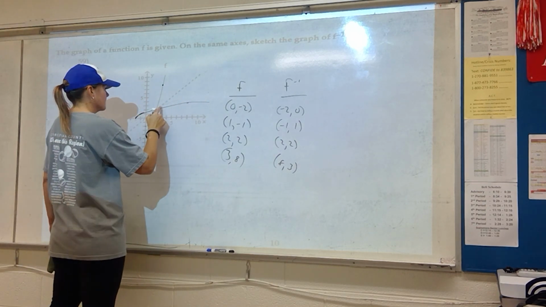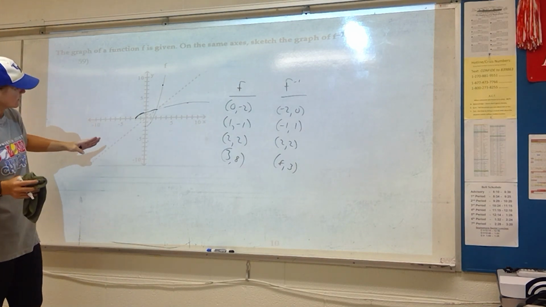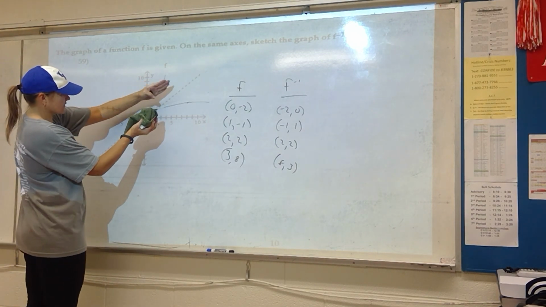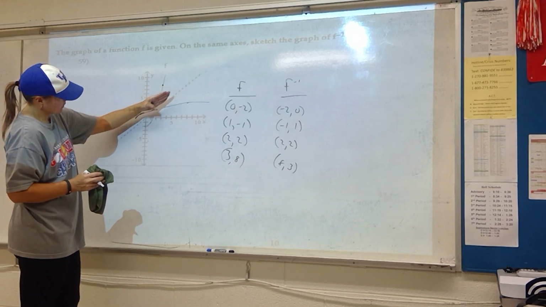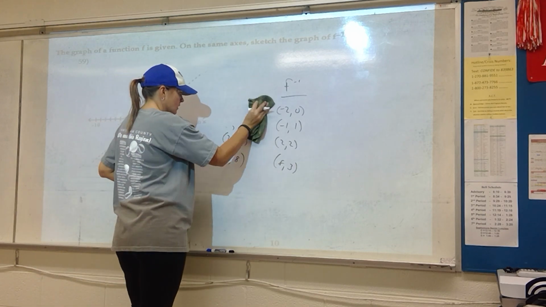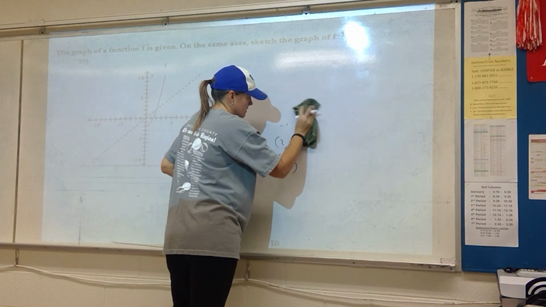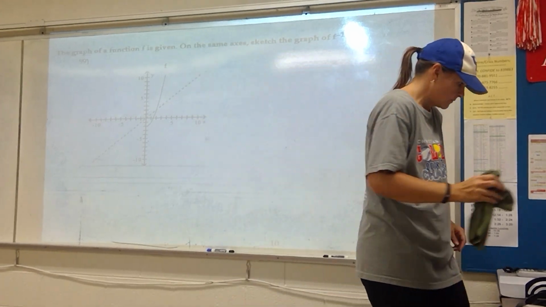Well, something like that. And what you should notice, and it's skewed because of my board, my projector, but on your paper, you should notice that if you were to fold your paper right there, you have a symmetrical shape across the y equals x line. Because the graph and its inverse are symmetrical across the y equals x line. I would pick ordered pairs and switch them. Pretty easy to do.